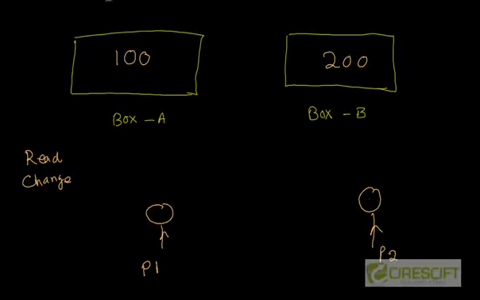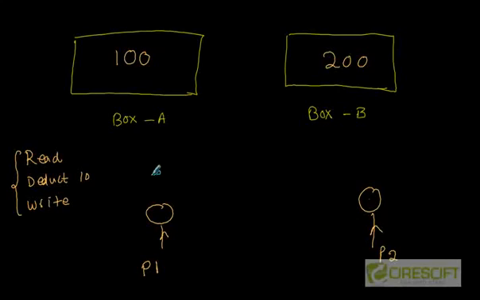Let's write it properly. So the first step is read, and then deduct 10 from whatever you read, and then whatever the final amount is, you write that. So this is the three instructions that I have given to P1 and P2.